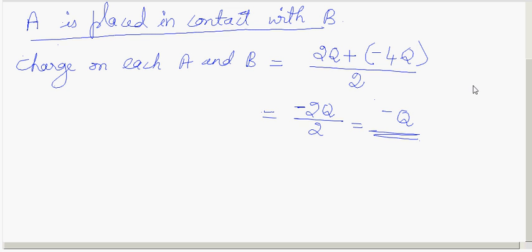You can write here, finally, the charge on the spheres A and B is minus q.